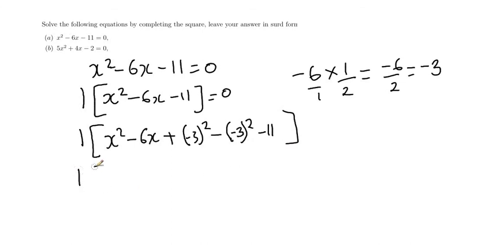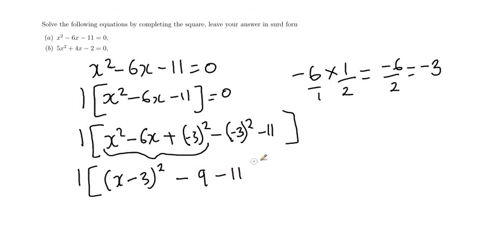Next step, you're going to see now that the value of the special zero is that it's going to help us factorize these 3 terms. So if you were to factorize, this is what you would get. x, we'll pick it the way it is there, negative 3, then square it, and then we'll remain with minus 9, minus 11.